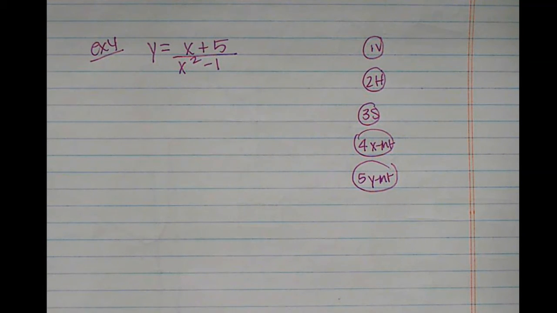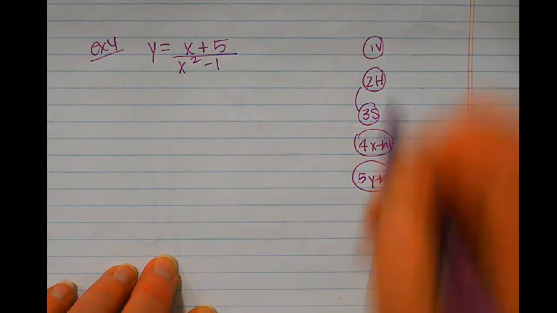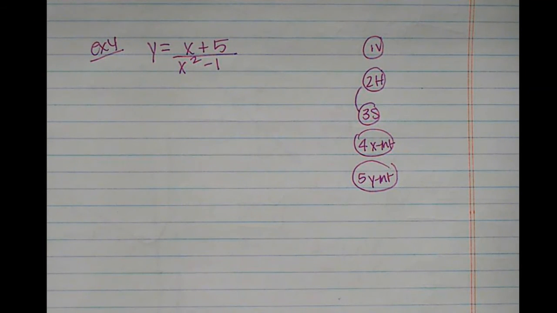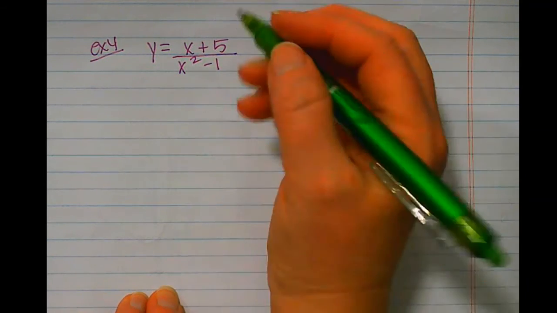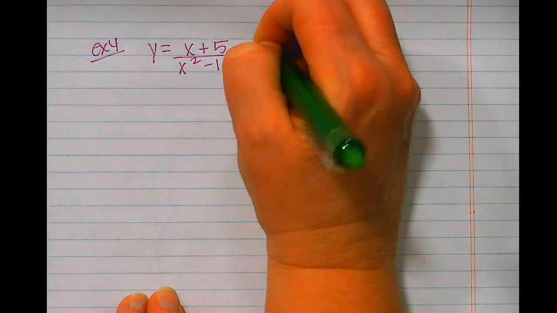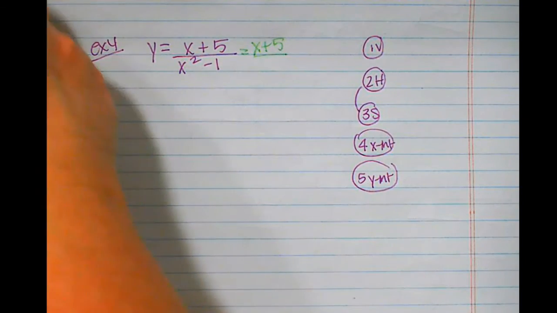Vertical, horizontal, slant. And it's either going to be one or the other of these. It can't be both. Then x-intercept and y-intercept. Right now, we need to factor it out. So what should the denominator look like factored? What's that special rule?